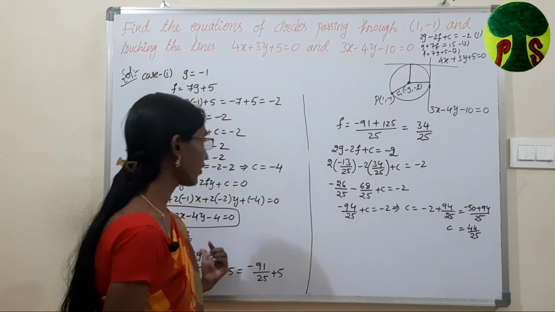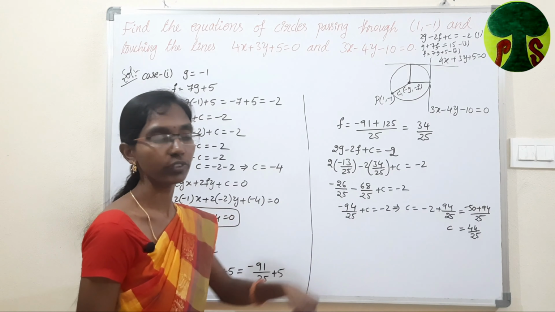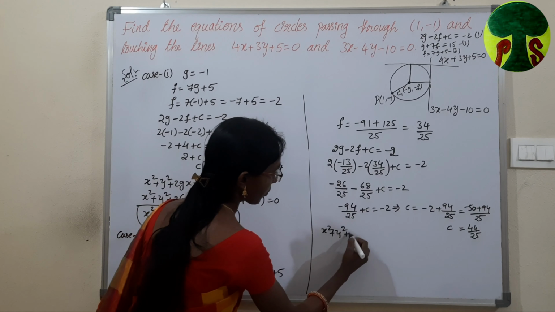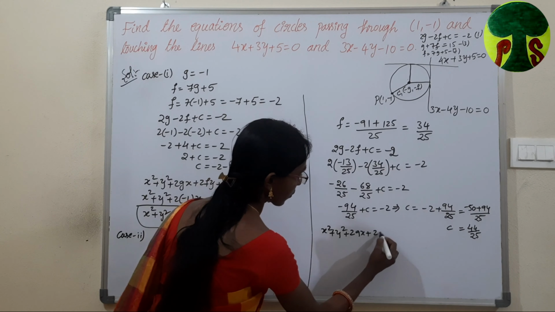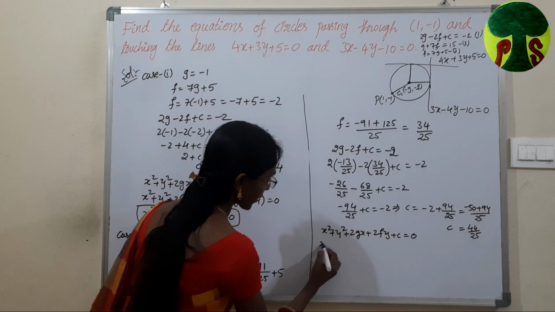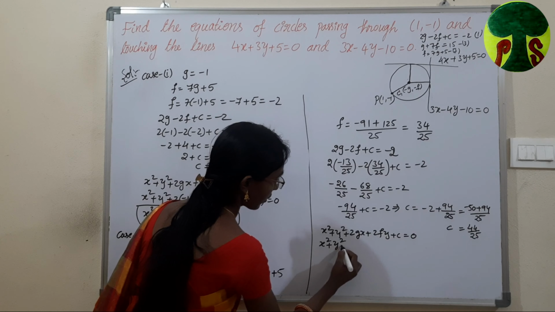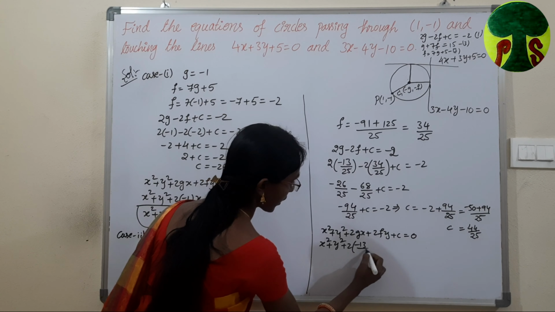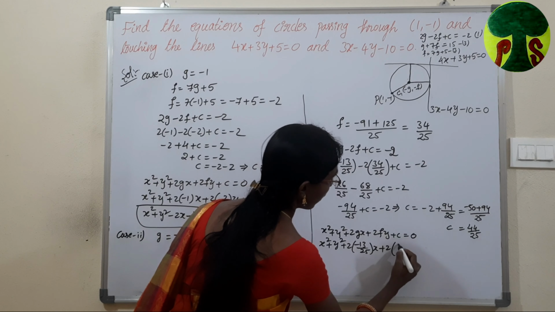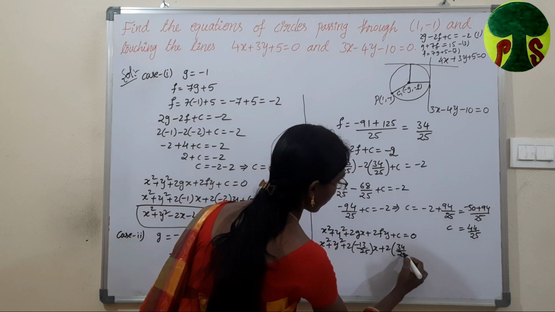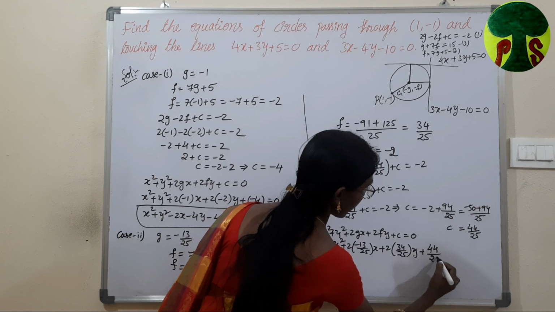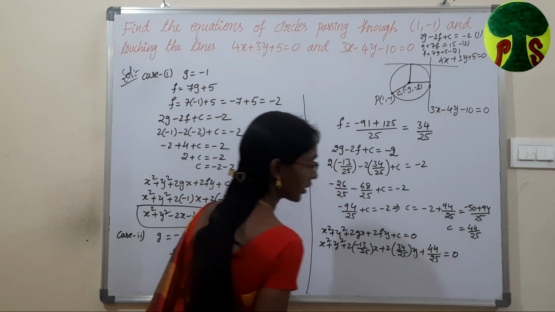Now we have the g value, f value, c value. We have to substitute in the equation of the circle, that is x square plus y square plus 2gx plus 2fy plus c equals 0. So x square plus y square plus 2 into the value of g, minus 13 by 25, into x plus 2 into the f value, 34 by 25, into y plus the value of c, 44 by 25, equals 0.